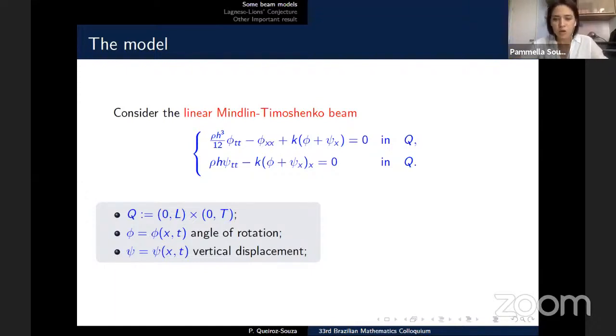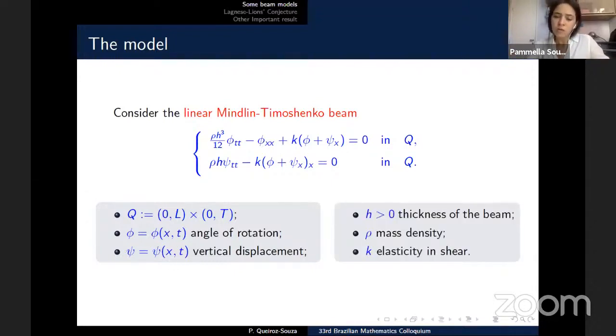Here we also have the component psi, which represents the angle of rotation. Phi represents the vertical displacement of the beam, and h is a positive constant, which represents the thickness of the beam. Rho corresponds to the mass density per unit volume, and finally, k is the elasticity in the shear.